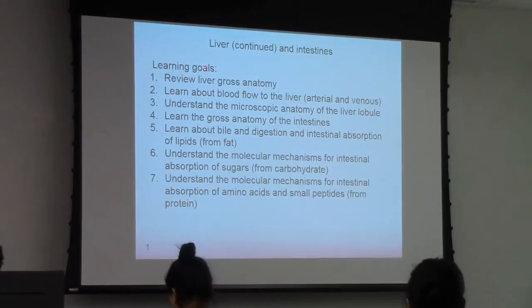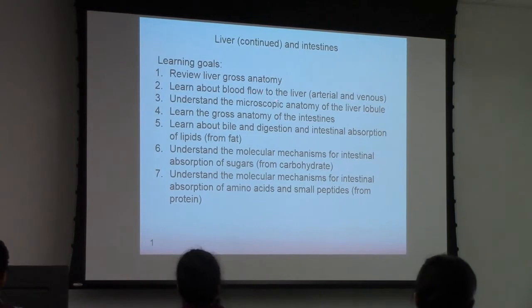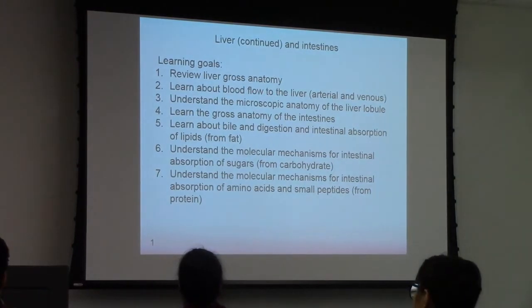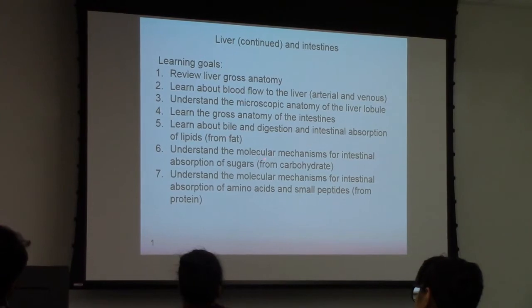Our goals for today are to review some gross anatomy of the liver and specifically talk about blood flow. We need to talk about both arterial and venous blood flow to and from the liver. We'll talk about the microscopic anatomy of the liver, and specifically focus on bile production of the liver and the intestinal absorption of fat, carbohydrate, and protein, peptides.